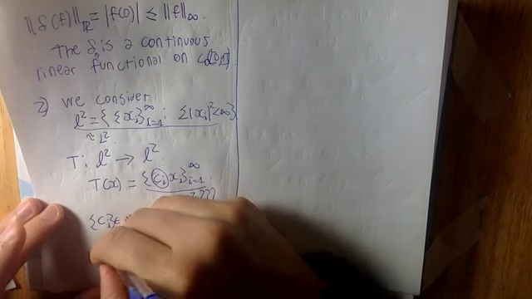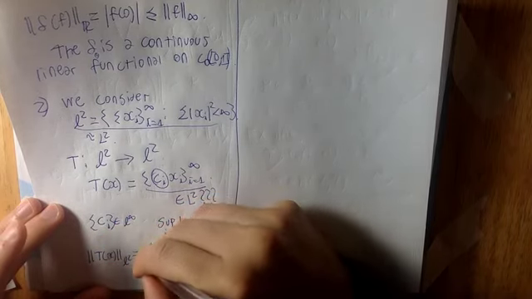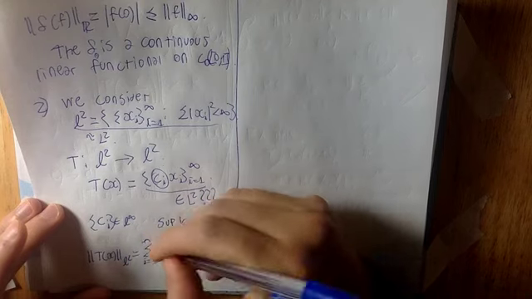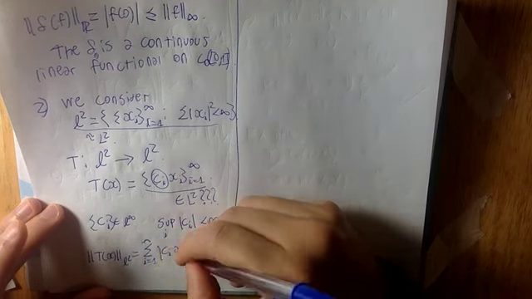Because if we look at the norm of T of x in little l2, this is going to be the sum from i equals 1 up to infinity of c_i x_i squared, all to the 1/2.